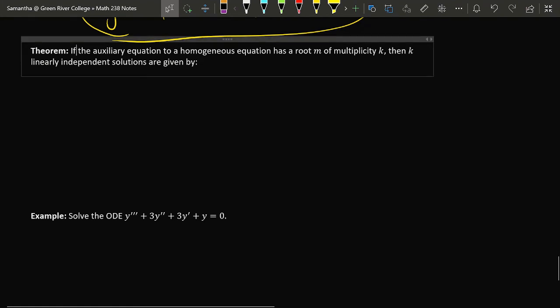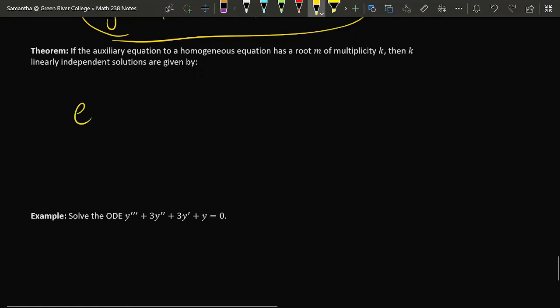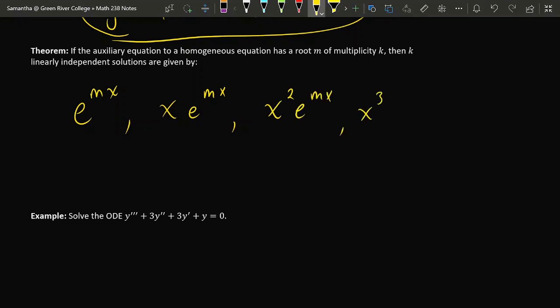Then you can create a set of k linearly independent solutions by taking e to that value times x, taking x e to that value times x, then x squared, and then go up to x cubed and so on, until you have a number of solutions which matches the number of times that root showed up in your auxiliary equation.